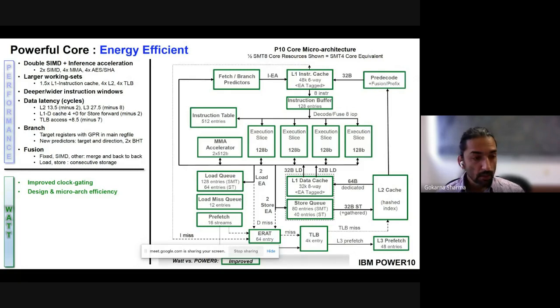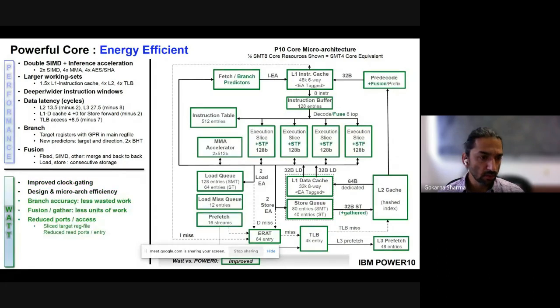They have improved clock gating and microarchitecture efficiency. These are very small points. Think about it: they have been developing this Power architecture for the last 30, 40 years, right?